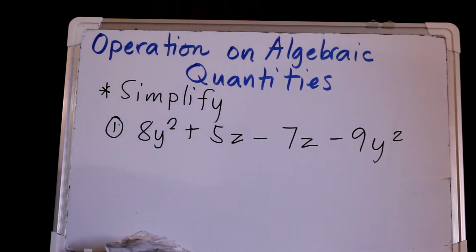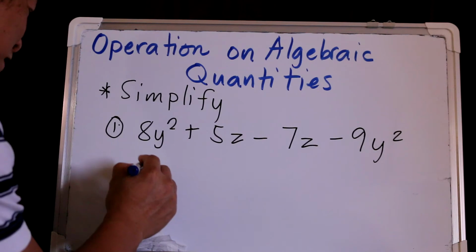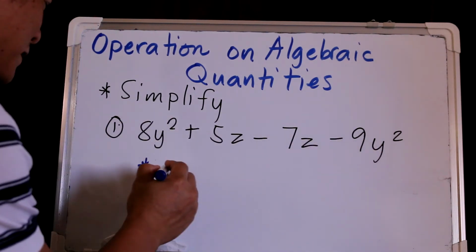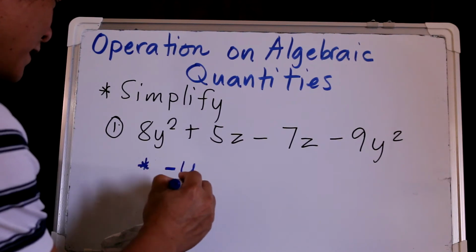The principle also of the laws of the exponent will also apply here. So for example, if you're going to multiply like terms such as m raised to the power 2 times m raised to the power 3, you are going to add the exponents together and you will have m raised to the power of 5. So the answer here would be, 8 goes to 9, which gives us minus y squared.